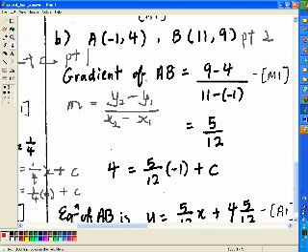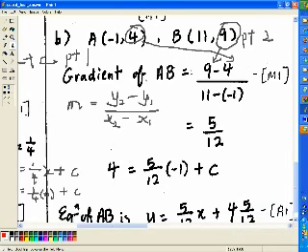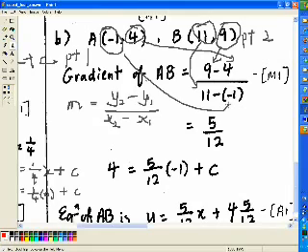Therefore, you have y2, which is 9 over here, minus y1, which is your 4, over x2, which is your 11, minus negative 1. Once you evaluate this, you get 5 over 12.